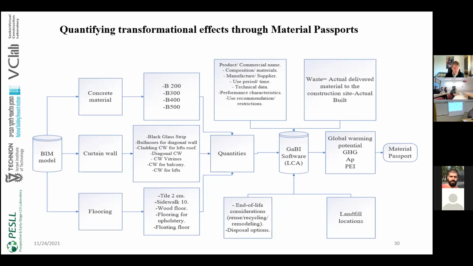Maybe you mean the Israeli standard classification? Yeah. Musab, we don't have this grade. We have B20, B25, B30, B40, B50, and the last grade in our local standard is B60. So please check it and correct.